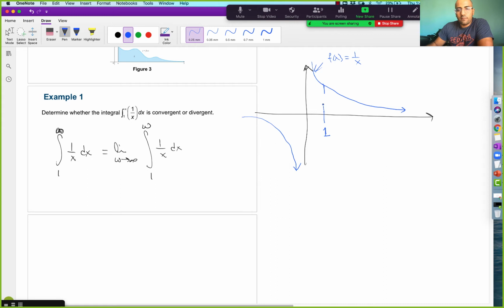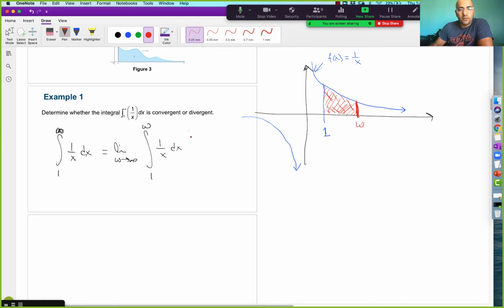So we're interested in something that goes like this forever. And so what we're going to do is stop at some value w, where w is greater than 1, and figure out what this answer is as a function of w. And then we're going to apply the limit as w goes to infinity.